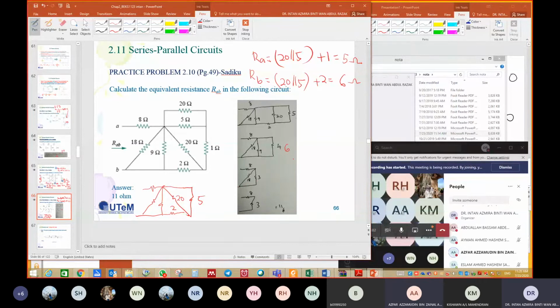Wait, 3. Okay, meaning that here is 3.6, not 3. So this one is 6. So any question? 3.6 parallel 18 you get 3. Any question up to here, class?